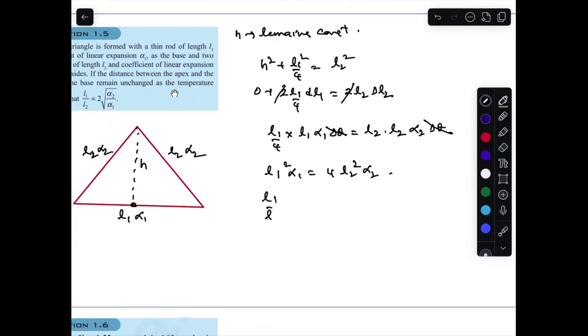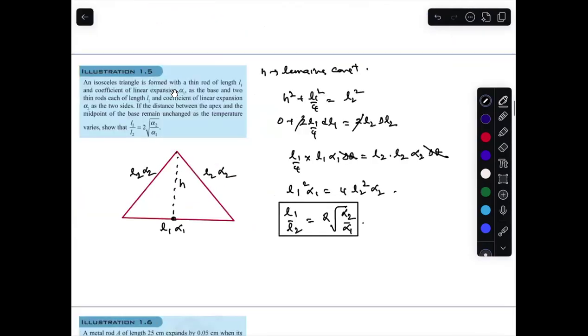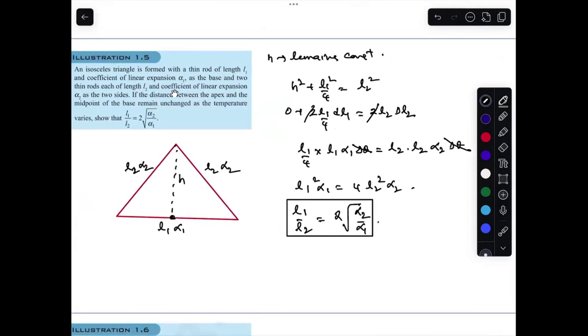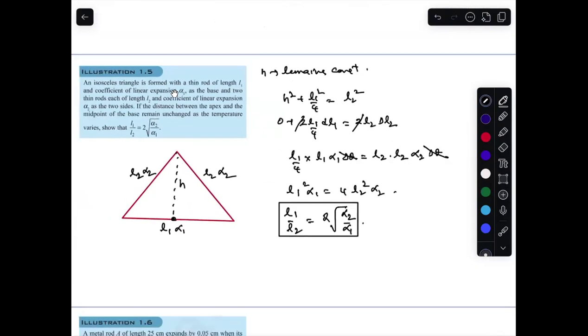So L1 by L2 is 2 times root alpha 2 by alpha 1. Right? Next. Any doubts? Please ask. I didn't do anything magic here. Whatever the question that they asked, I responded accordingly. Any doubts? Next.